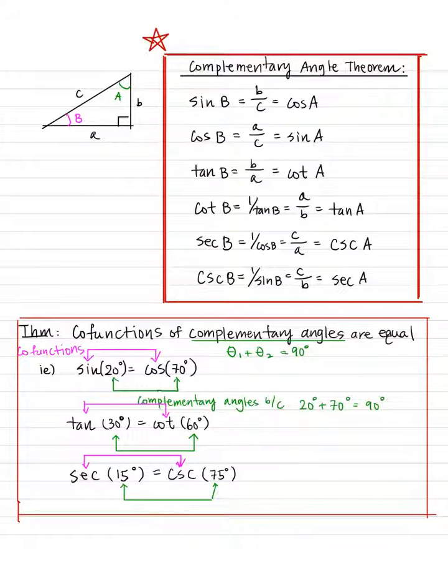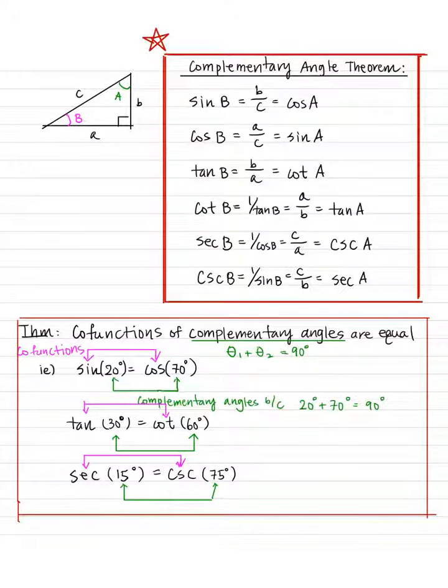By using the reciprocal identities, cotangent of B is 1 over tangent of B, which is going to be little a over b, which is tangent of angle A. Secant of B is 1 over cosine of angle B, which is c over a.